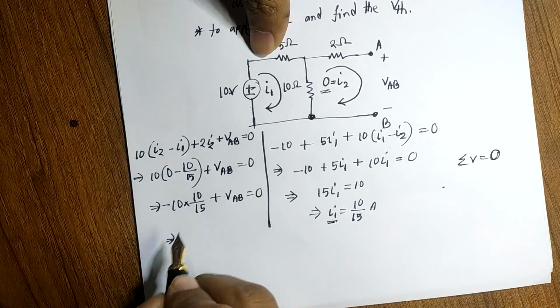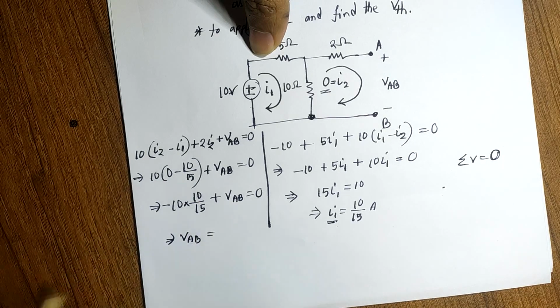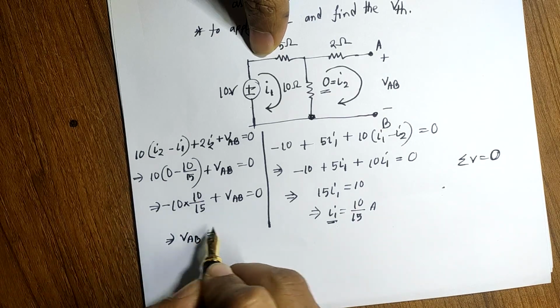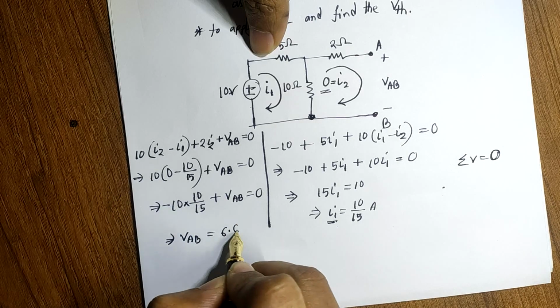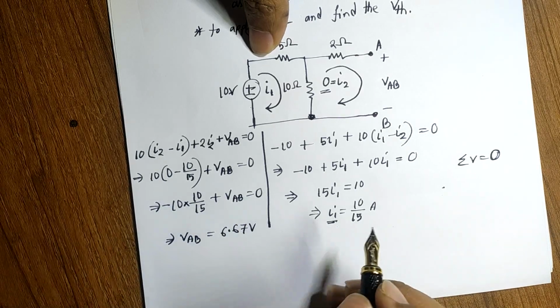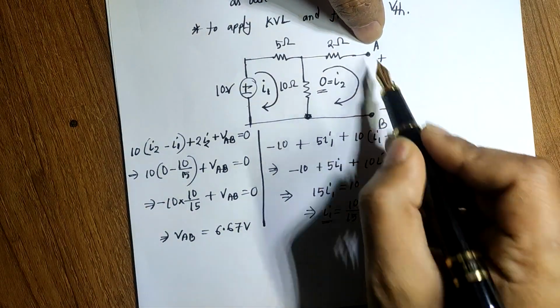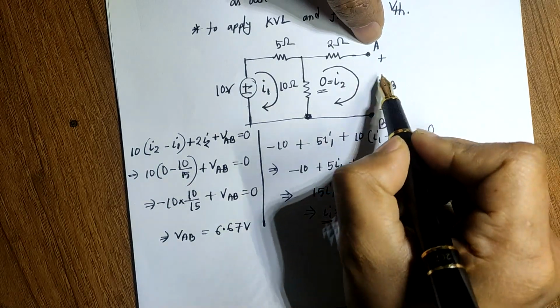And if you transfer the side, you will get VAB equals 100 divided by 15, which is 6.67 volt.